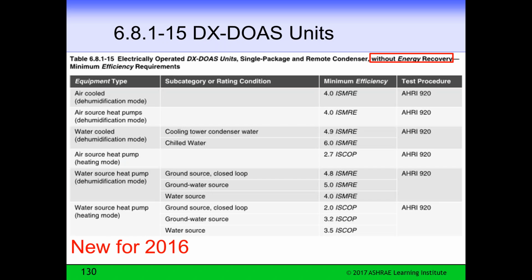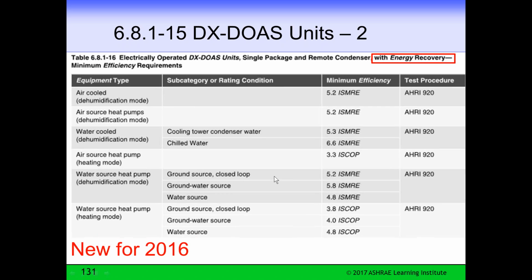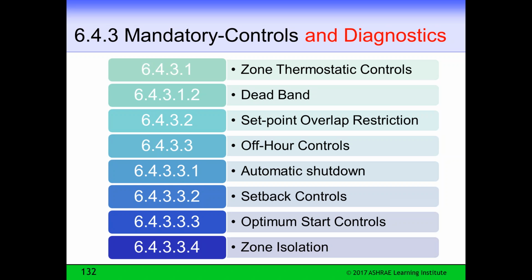Here is the requirement in the table for DX DOAS units, and we have our minimum efficiencies listed here as ISMRE, and these are without energy recovery systems. Then here is another table with energy recovery systems, and you can see the minimum efficiency is higher. So those are now covered, and they're part of the requirements of the code.